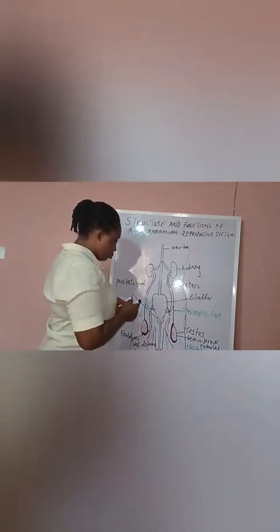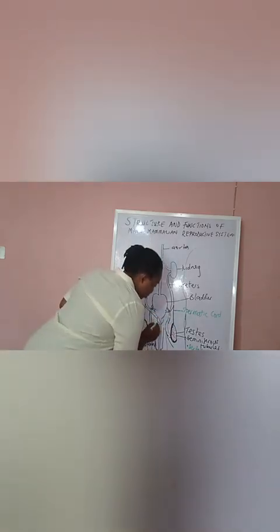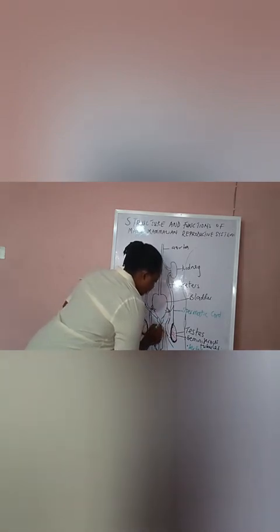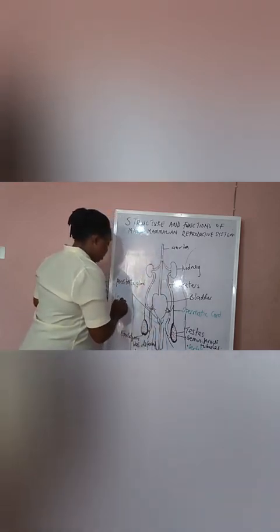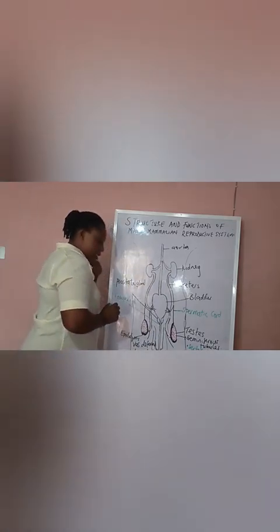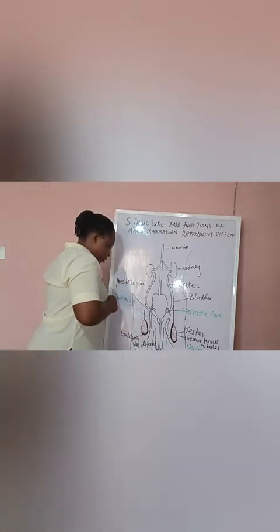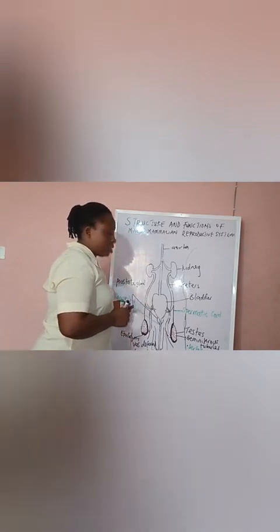Just below the prostate we have this very small gland here called the Cowper's gland. Some people also call it the bulbourethral gland.